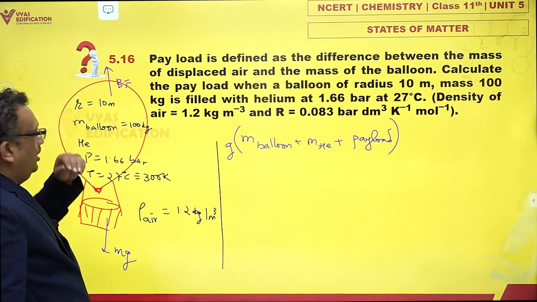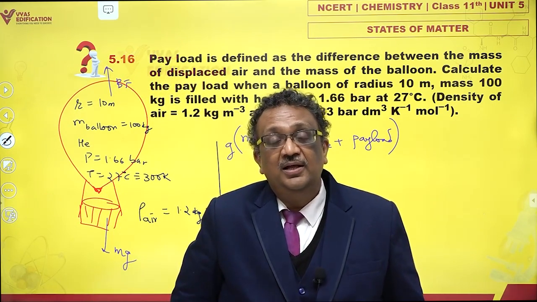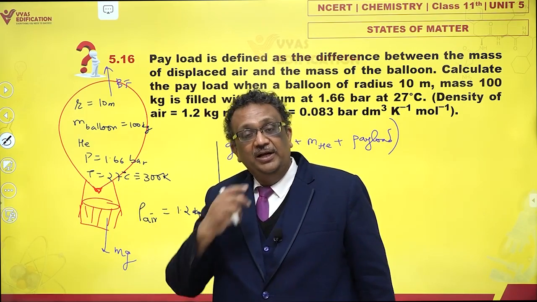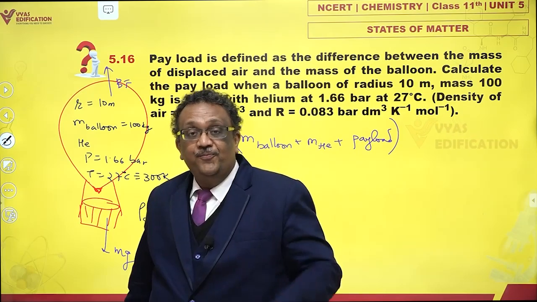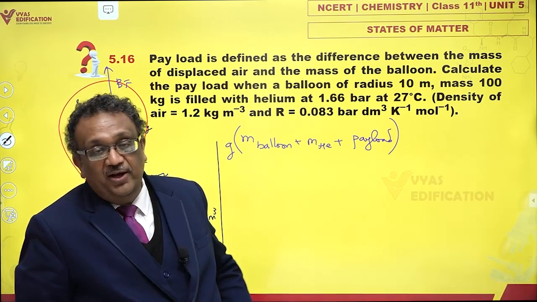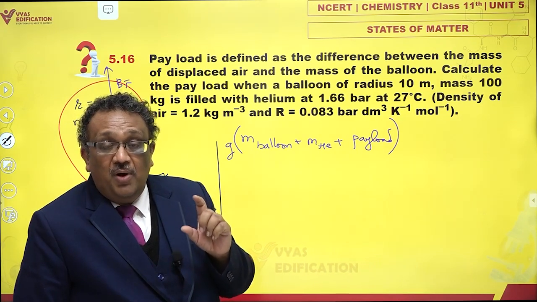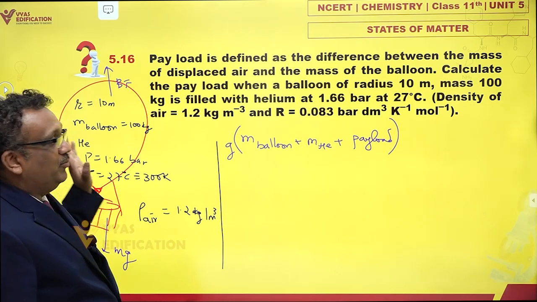What is upward? I recall Archimedes' principle. It says that whenever a substance is immersed in a fluid completely or partially, it experiences an upward force, and the magnitude of force is equal to what? It is equal to the mass of fluid displaced by the immersed part of the body.